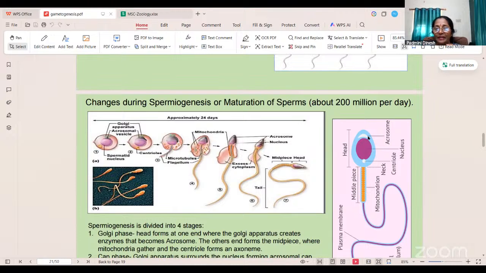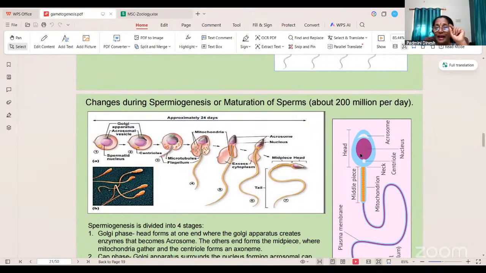Now, this head region, the acrosome, is going to have, remember, the Golgi apparatus. Why the Golgi apparatus? The Golgi apparatus is necessary for production of some enzymes to digest the cell wall of the ovum. We'll talk about that during fertilization. So you have the Golgi apparatus at the acrosome head region, and the nucleus, which has 23 chromosomes: 22 autosomes and one sex chromosome.